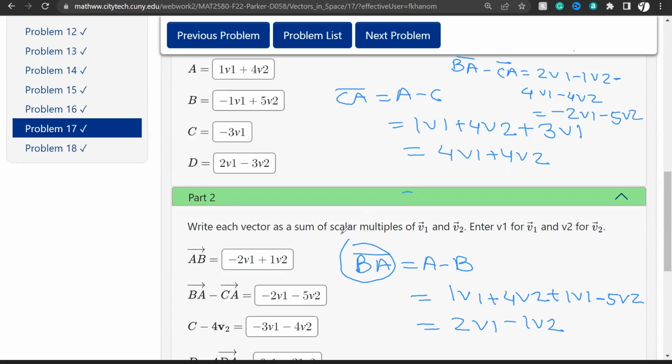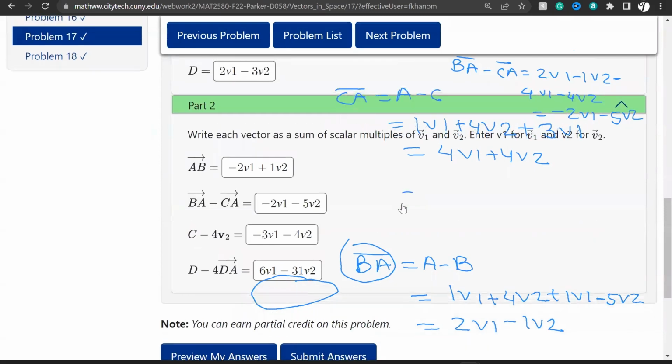So this is how I solve this part. I hope you understand how to solve the rest of them. The rest of them are exactly the same. You have to use the same method I have used and you will be able to solve them.